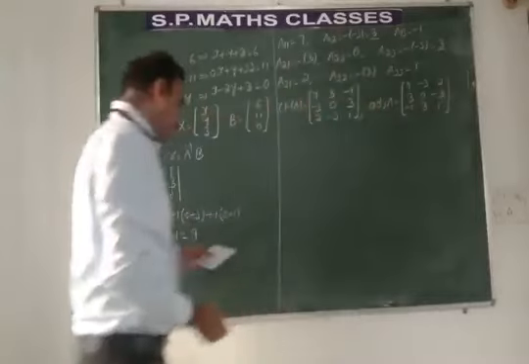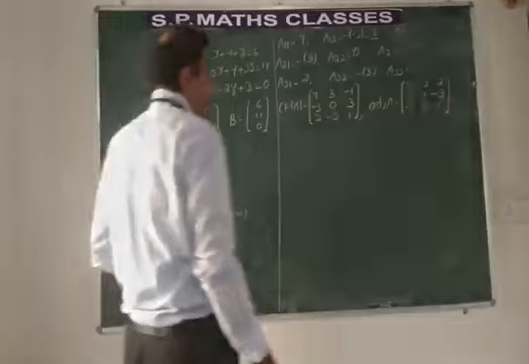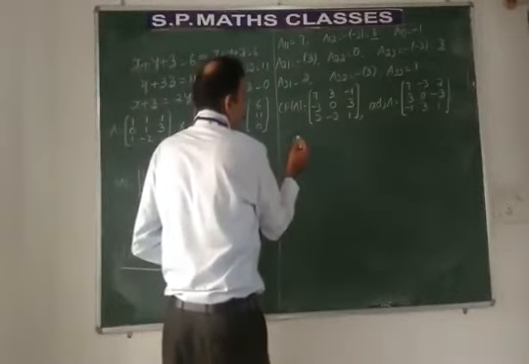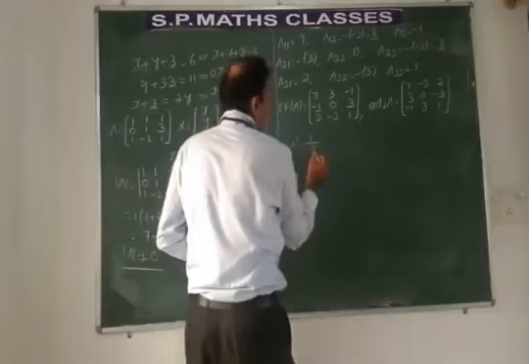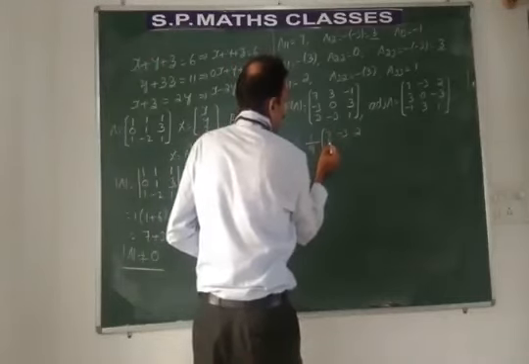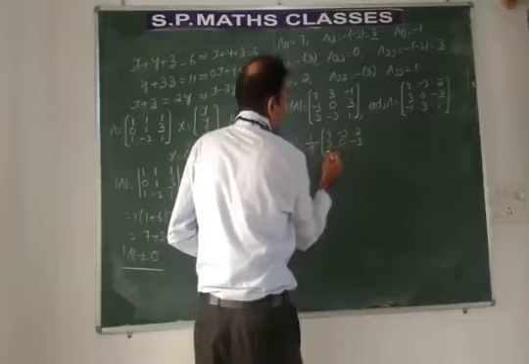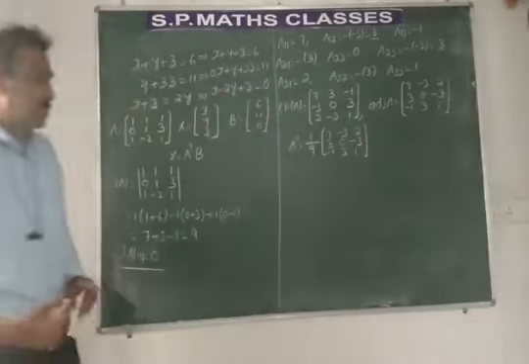So this is what adjoint is. What is A inverse? 1 by determinant A. What is determinant A you have? 9, times 7, minus 3, 2, 3, 0, minus 3, minus 1, 3, 1. This is what A inverse is.